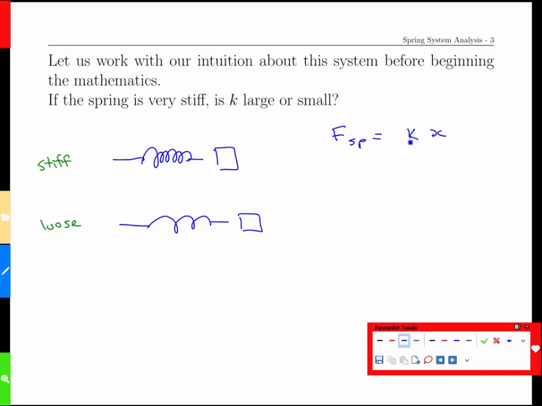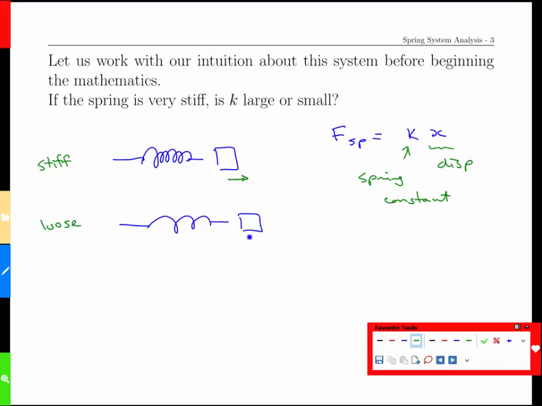And if that's the case, then if the spring is stiff, this is our displacement, so how far we stretched out the spring, and this is the spring constant. That's what changes if we swap out springs. And as we look at those two elements, what we can think of is, well, let's stretch the spring the same amount and ask which spring has a larger force.